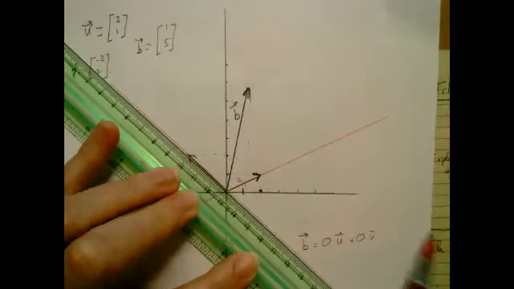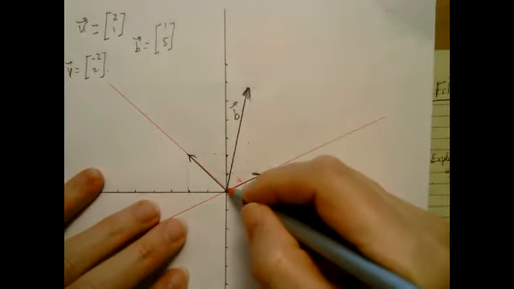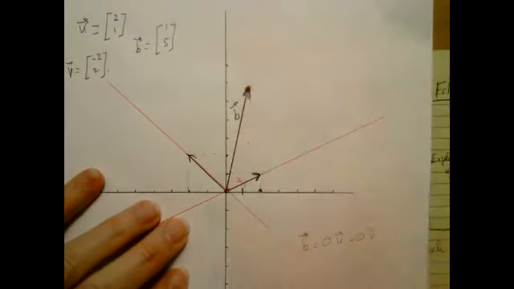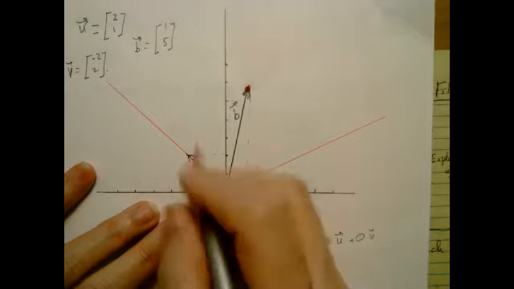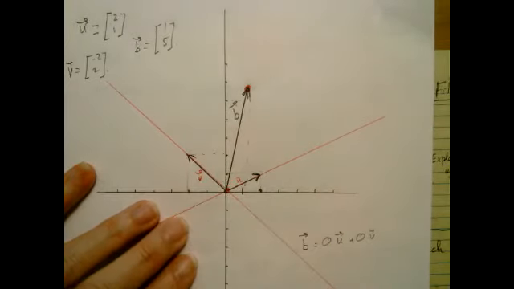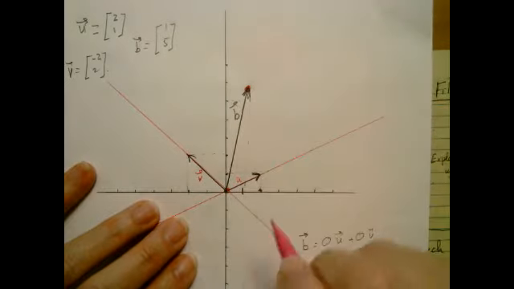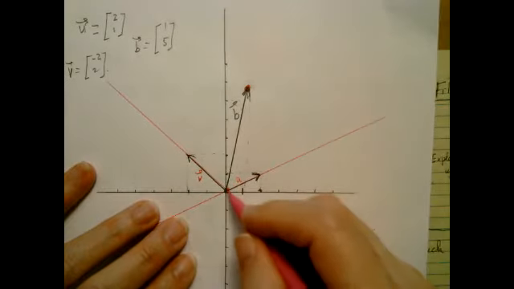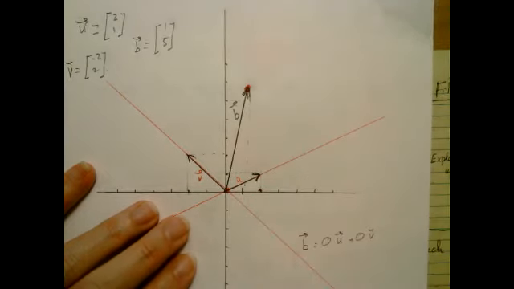Then you ask yourself, if I want to go from 0 to B, can I go from 0 to B following the direction of U and V only? Can I go from here to here by following only the direction of U and the direction of V? I cannot wiggle. What do you think?